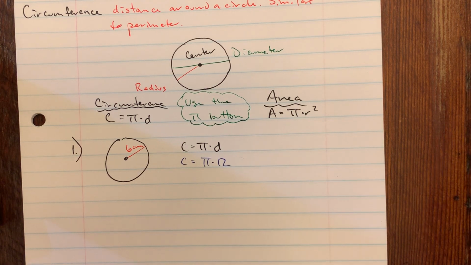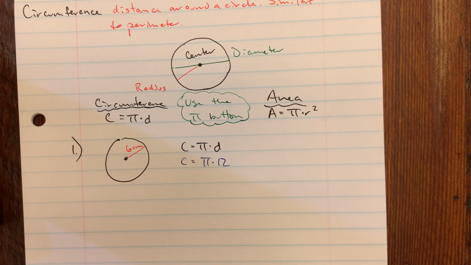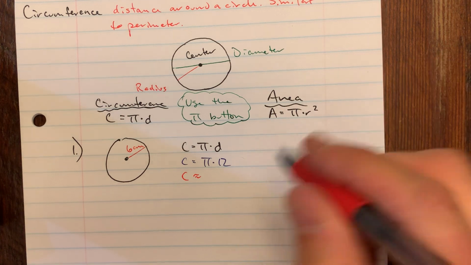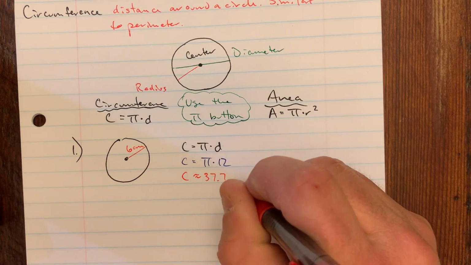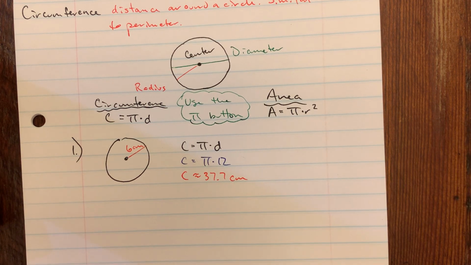So if I go pi times 12, I'm going to have to round because I'm multiplying 12 by an irrational number. An irrational number is a number that does not end, so it's going to go on forever. So my decimal would go on forever. We don't want to do that, so we're just going to round our circumference to 37.7 centimeters, as I went 12 times pi on the calculator.